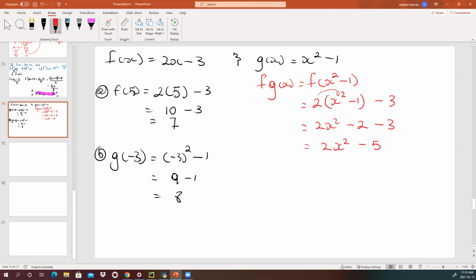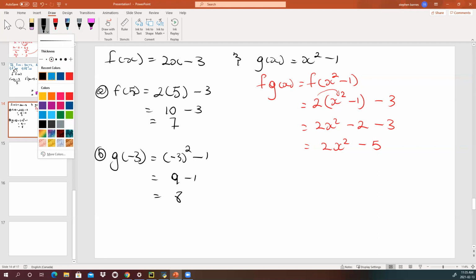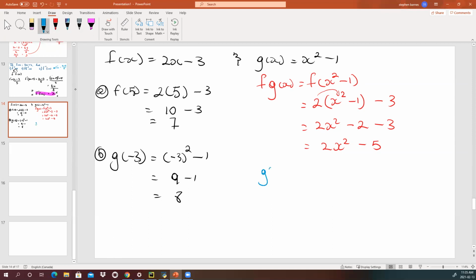The next one we're asked to find is g of f of x.